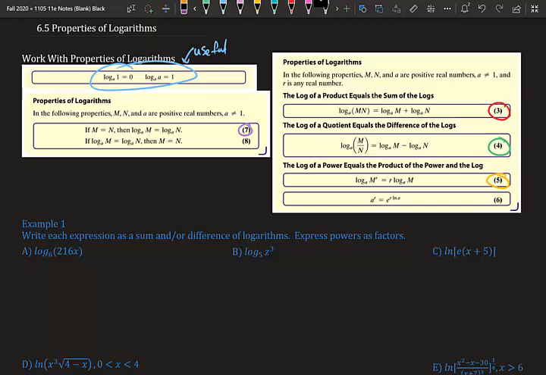The log of a quotient equals the difference of logs. So when we're dividing inside a logarithm, we can split it up into 2 logarithms using minus. The log of a power equals the product of the power and the log. So the exponent can be moved to the front or it can go back.